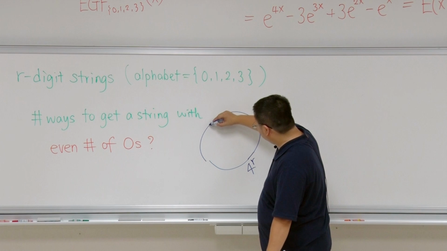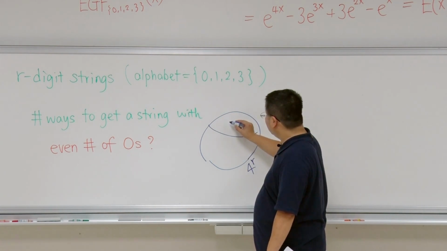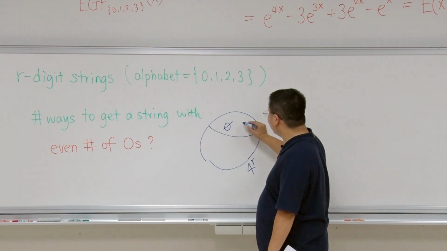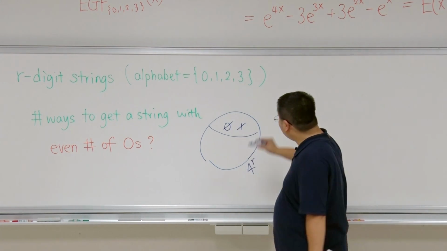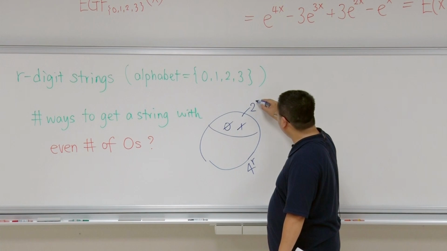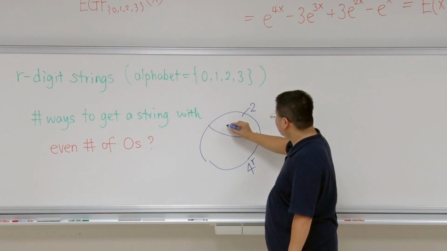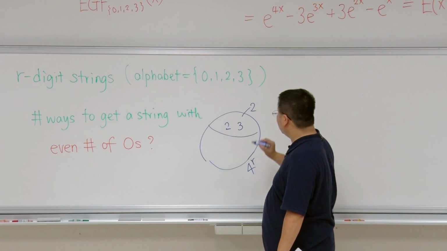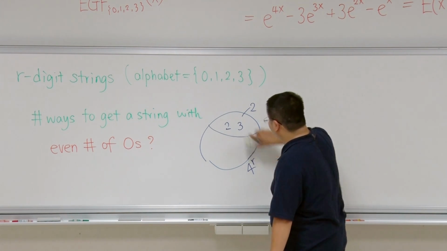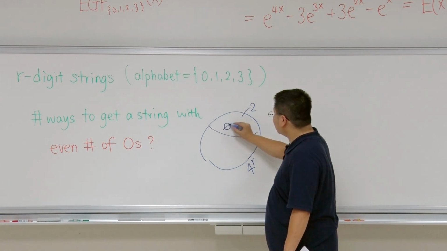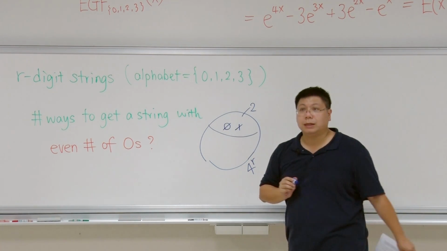And then, how many strings don't have any 0 and any 1 inside?